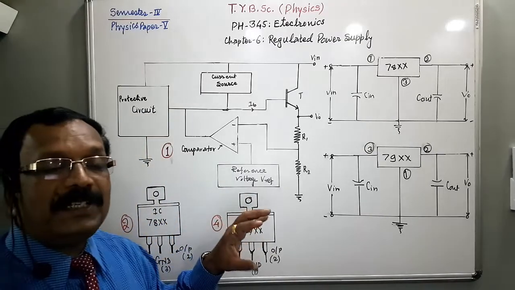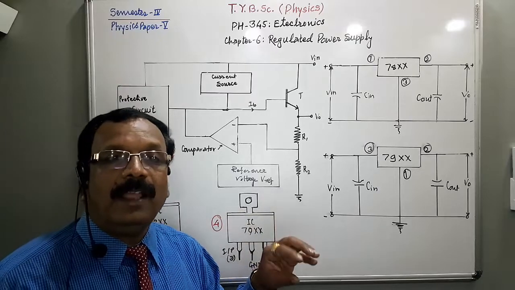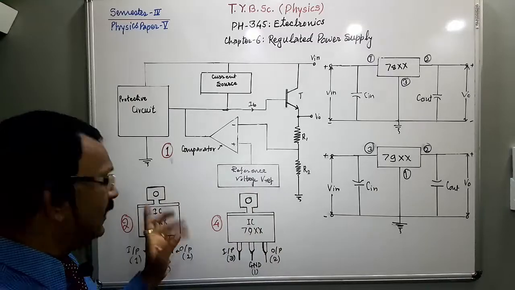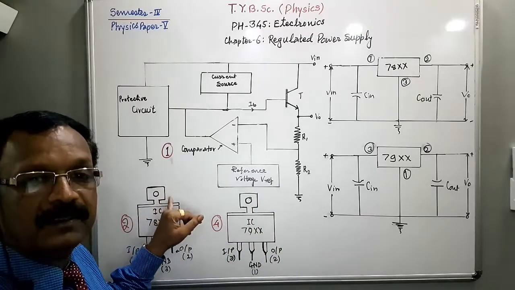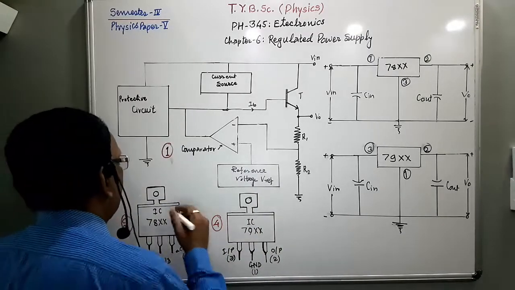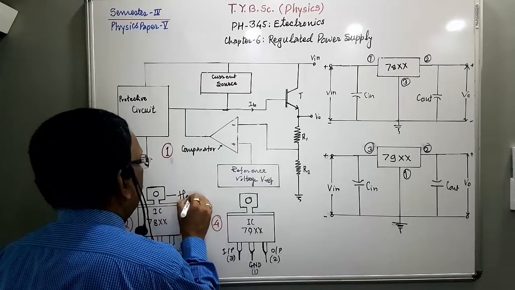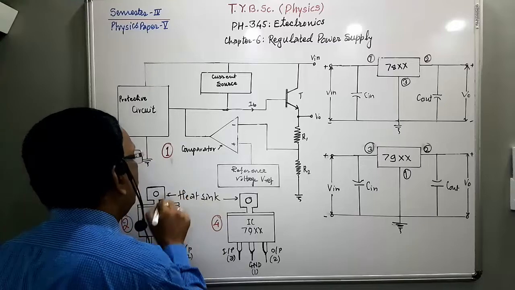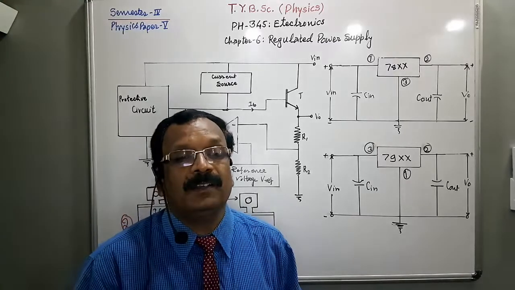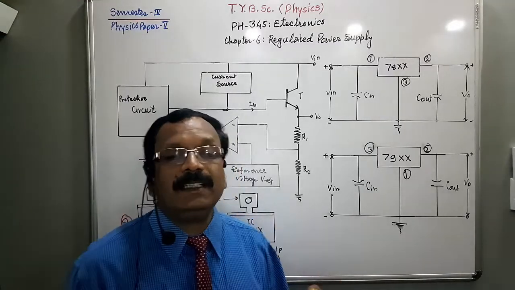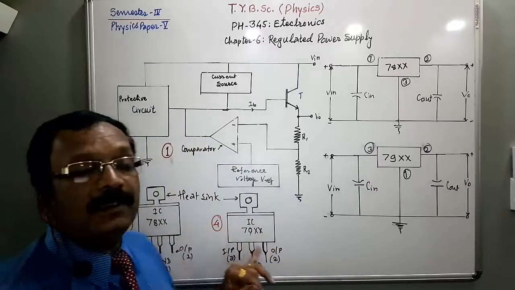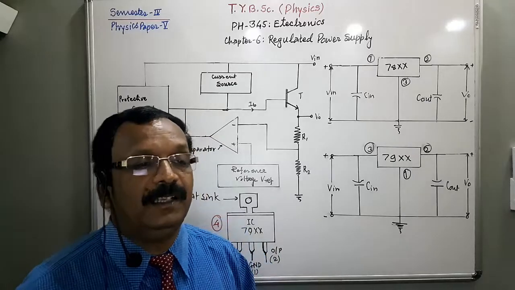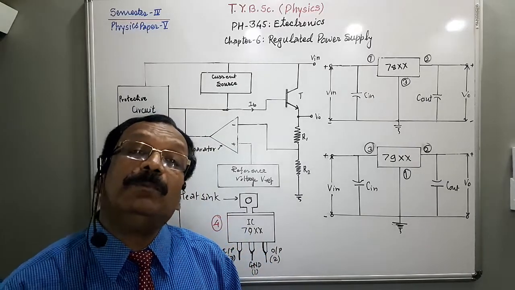An adequate heat sink is provided to this IC. This is the heat sink. An adequate heat sink is provided to both the ICs. This type of IC, which is a positive voltage regulator, has some special and important features.